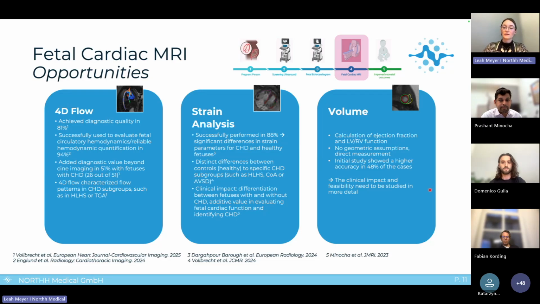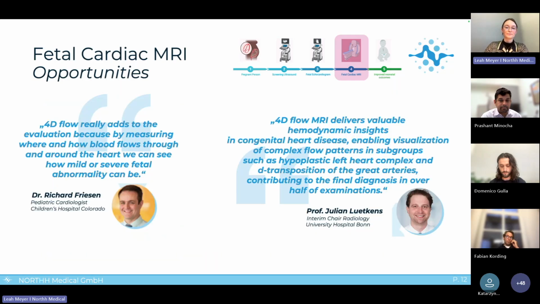So there are potentially more accurate volumetric values compared to echo, with up to 40% higher values. Those findings agree with the neonatal MRI data, supporting the reliability. And for those three topics, the clinical impact and feasibility need to be studied in more detail.